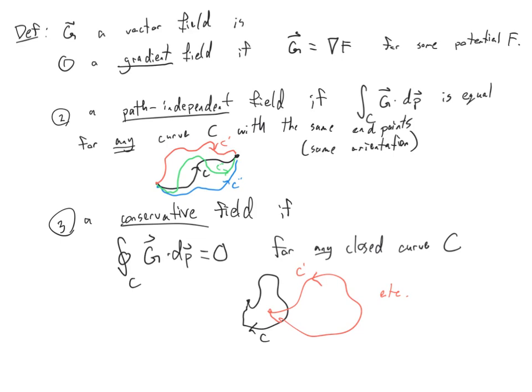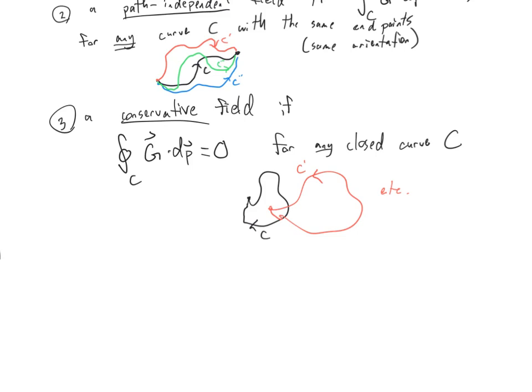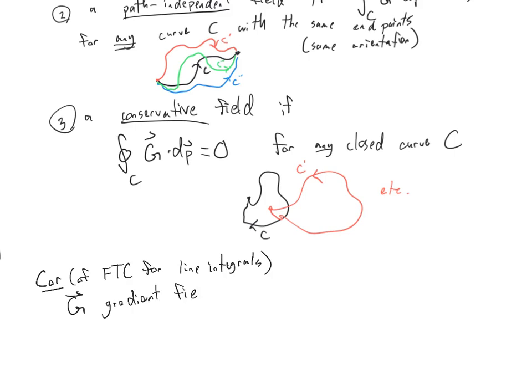So let's write that down. The corollary of the fundamental theorem of calculus for line integrals is that G is a gradient field if and only if it's path independent if and only if it's conservative.